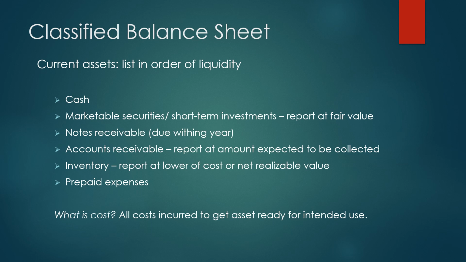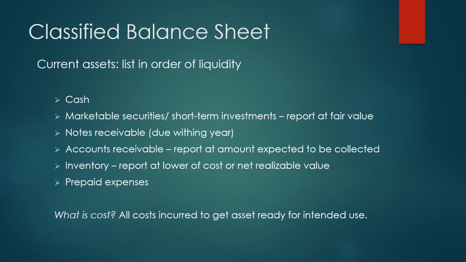Accounts receivable are going to be reported at the amount expected to be collected, or the balance in accounts receivable minus your allowance for doubtful accounts, which is the estimate of what you don't expect to collect. Inventory generally is going to be reported at lower of cost or net realizable value, and then prepaid expenses are going to be included at cost.